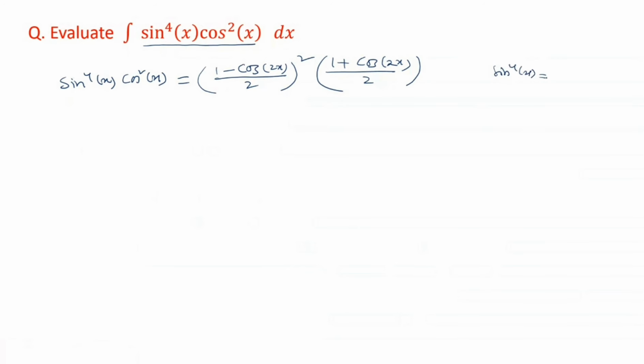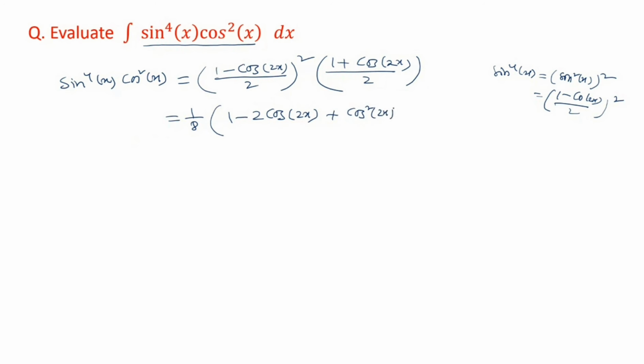Here we use sine to the power 4 x equal to sine square x whole square, which is 1 minus cosine 2x over 2 whole square. So this is 1 over 8, and then we open the power: 1 minus 2 cosine 2x plus cosine square 2x, times 1 plus cosine 2x.